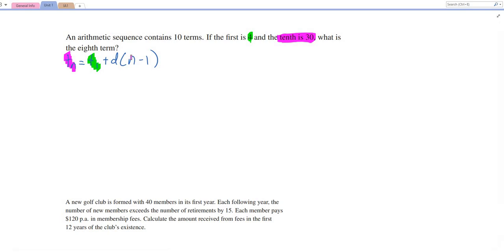What would n have to be? 10. How many unknowns are in that rule now? 1. Minus 1's a constant, but just d. So can you rearrange that to solve for d? Once you've done that, can you find T8? Let's do it.